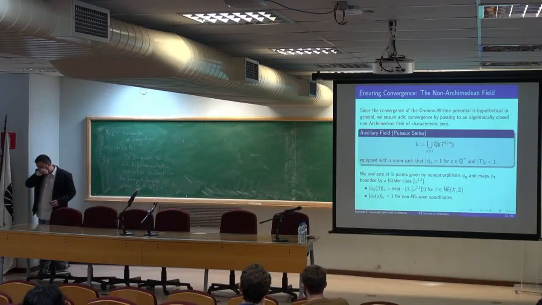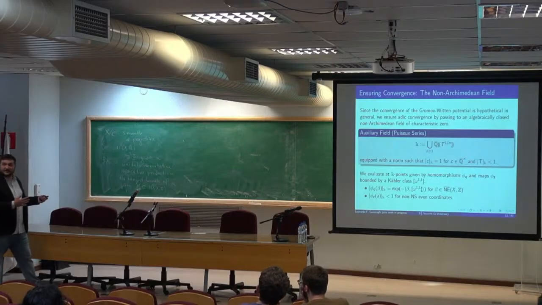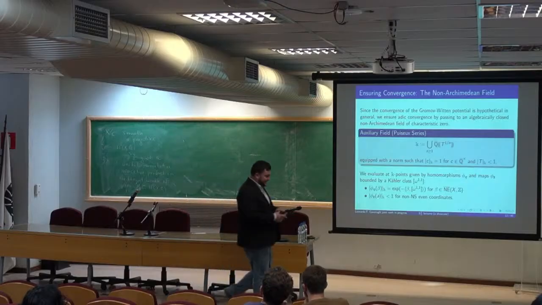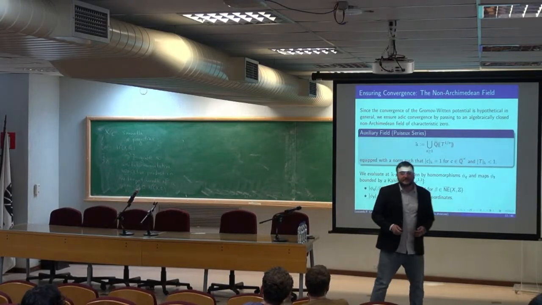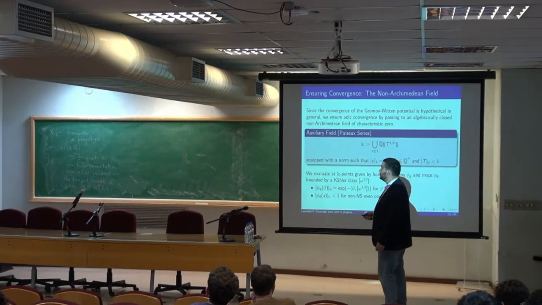But this passes through the assumption that the Gromov-Witten potential actually has a positive radius of convergence. And the problem is that we don't know this. So it's an open question yet. I mean, it's solved in many instances, but we don't know.